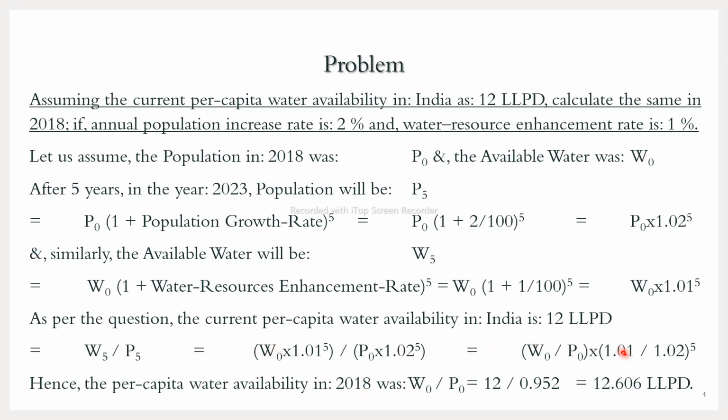We take this divided by this term, and the rest of the terms come to the left hand side. This comes out to be 0.952 if you calculate it, and the answer will be this. So hope it is clear.